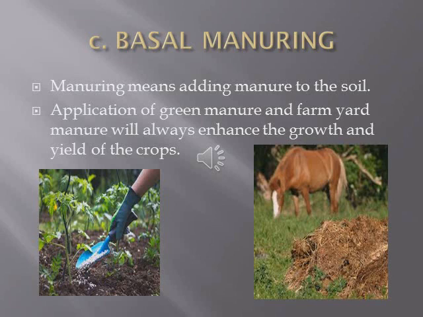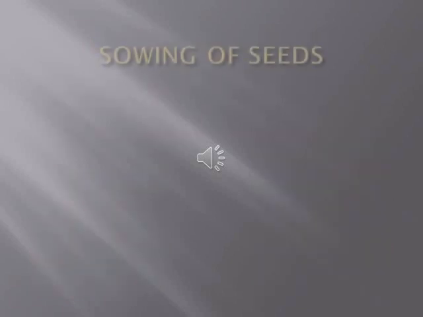Most manure consists of animal feces. Other sources include compost and green manure. Manures contribute to the fertility of soil by adding organic matter and nutrients such as nitrogen that are utilized by bacteria, fungi and other organisms in the soil.